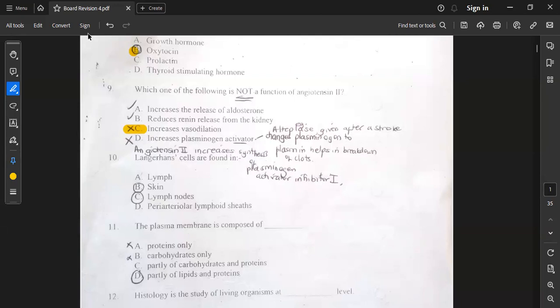For number 10, I think the answer is skin because they're found in the tummy.